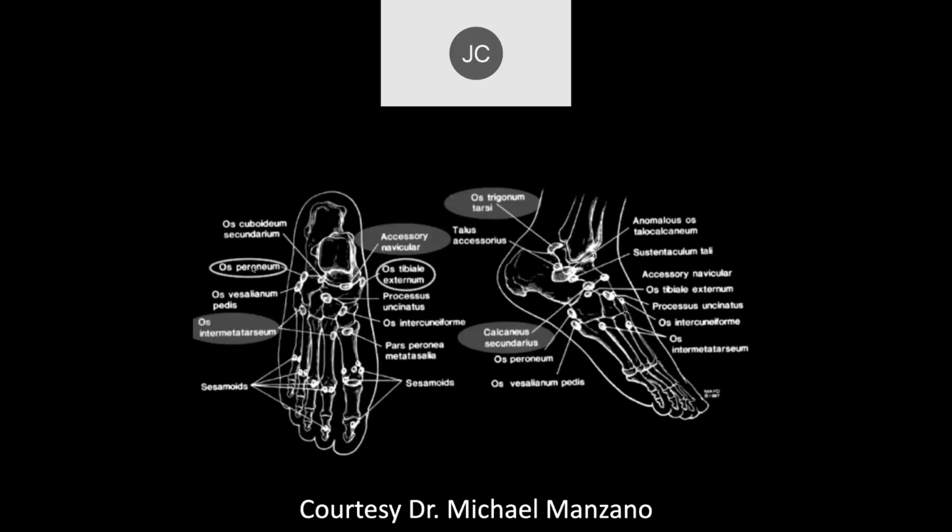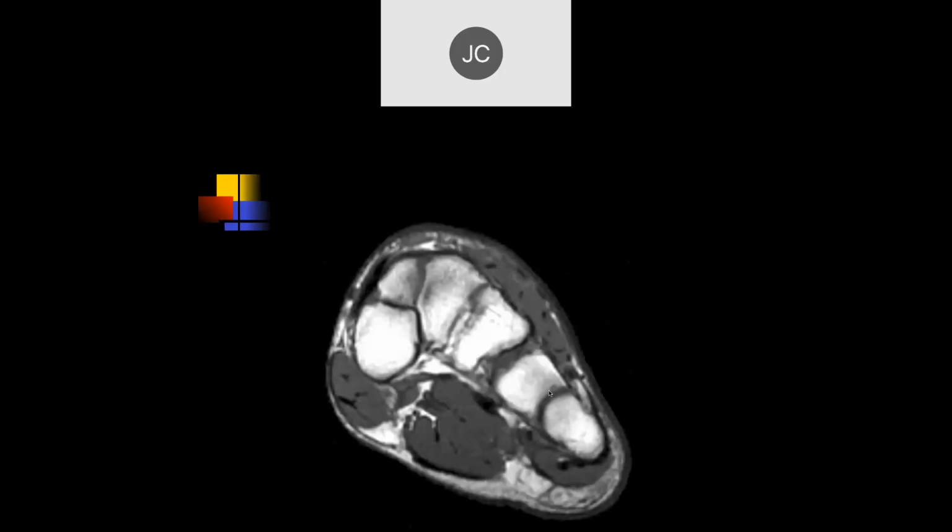And ones that we'll really talk about are the os peroneum, the ones that tend to be symptomatic, and the os trigonum back here. Well, we'll talk about them. Some of these are acquired, and we'll talk about how we acquire them.